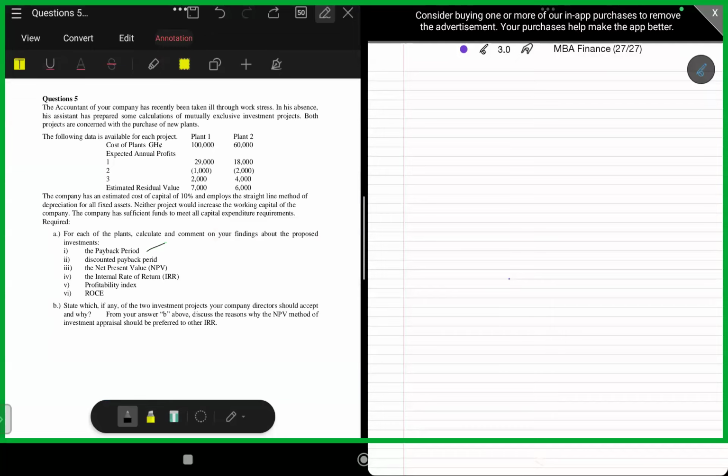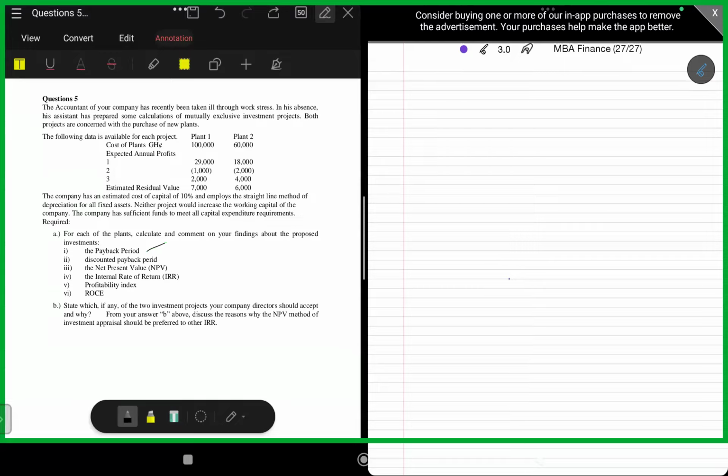What about the second one? Discounted. Yeah, it is a discounted method. Third one, discounted method. Why? It makes use of the discount factor. How do you know that?